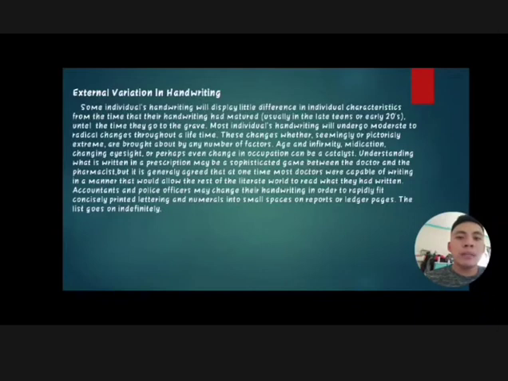But it is generally agreed that at one time most doctors were capable of writing in a manner that would allow the rest of the literate world to read what they had written.